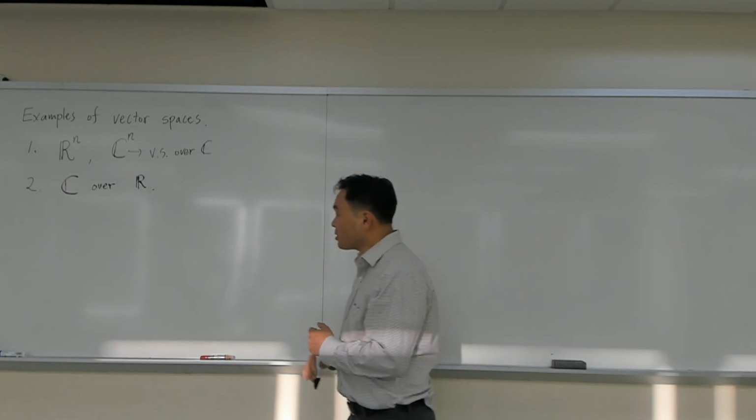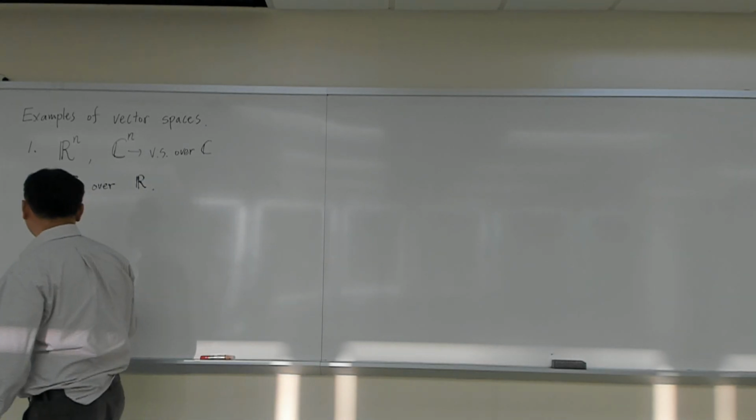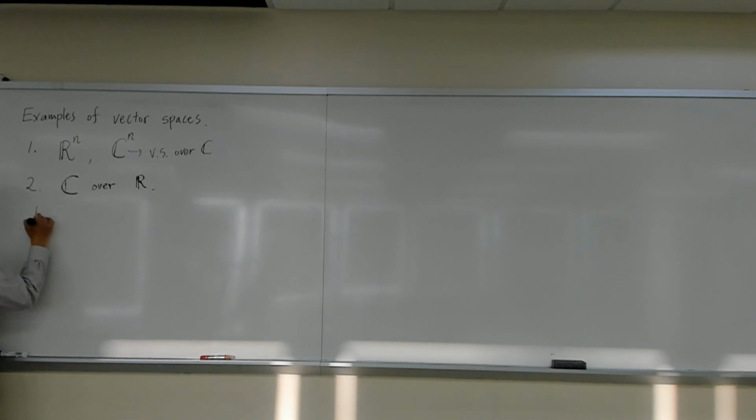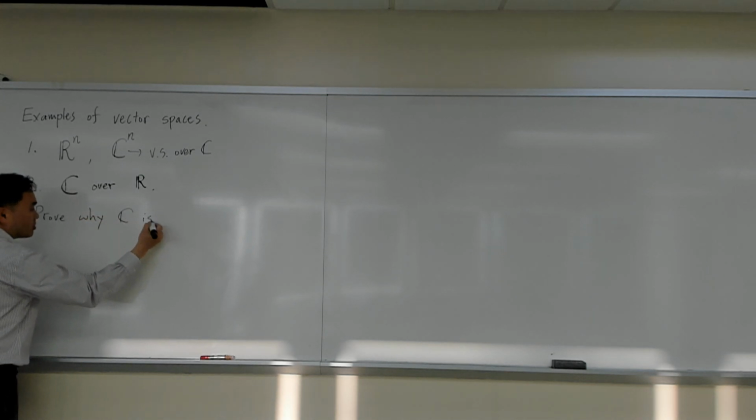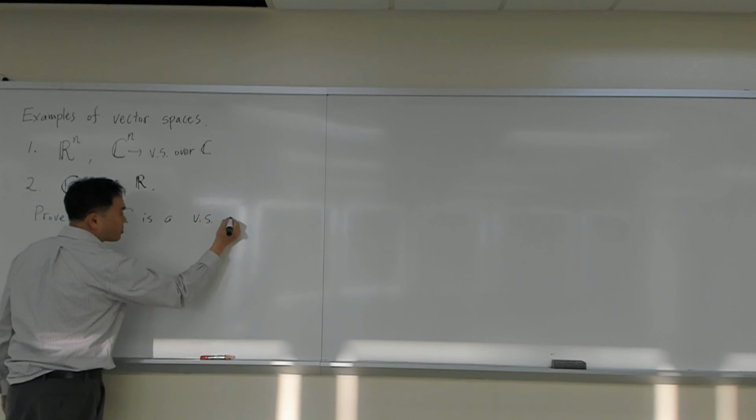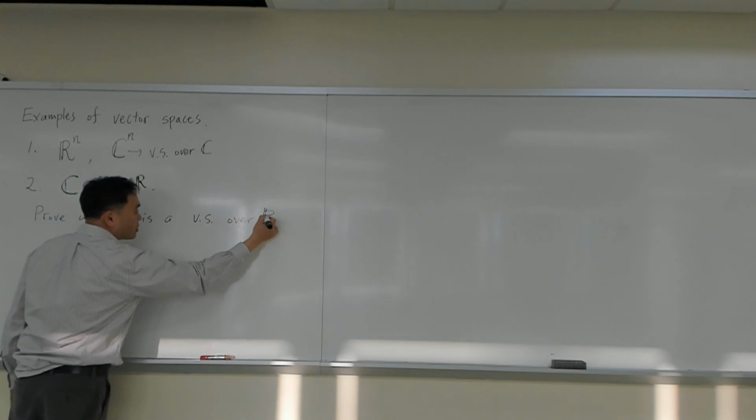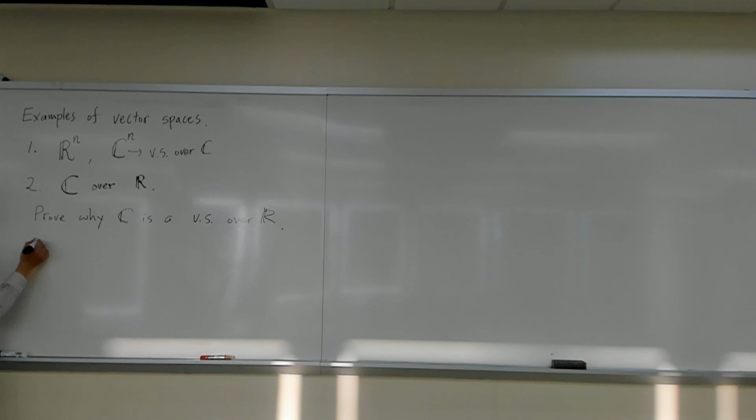Okay, now for this one, let's try to prove why C is a vector space over R. Let's try to prove it. Well, I'm thinking of elements in C as vectors and R as scalars.